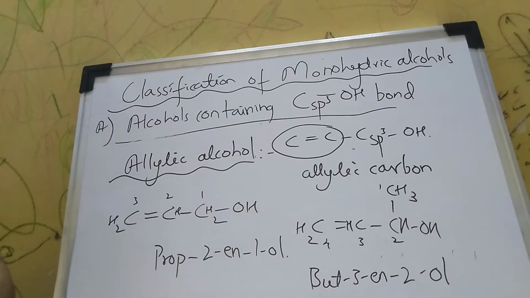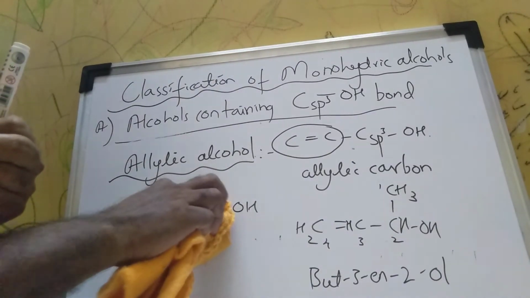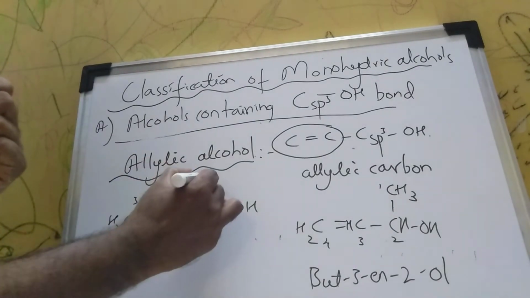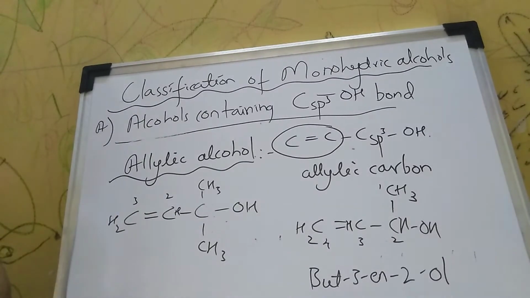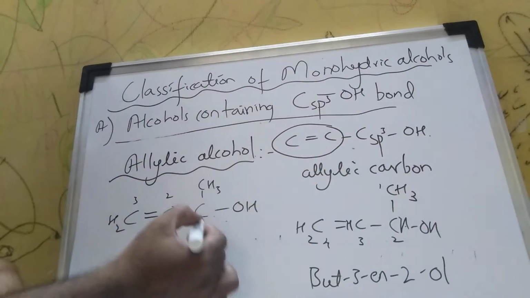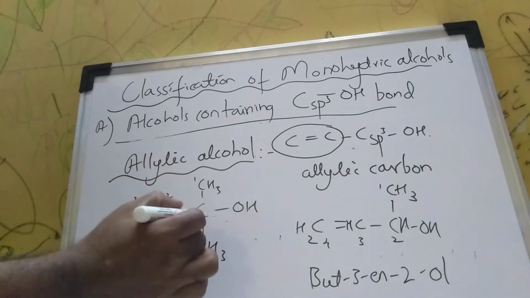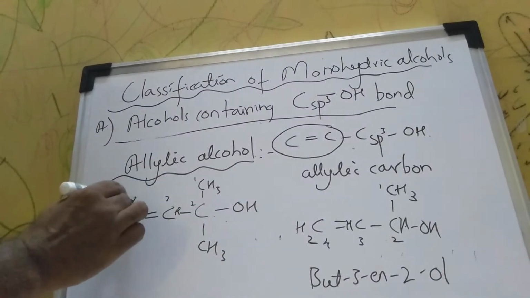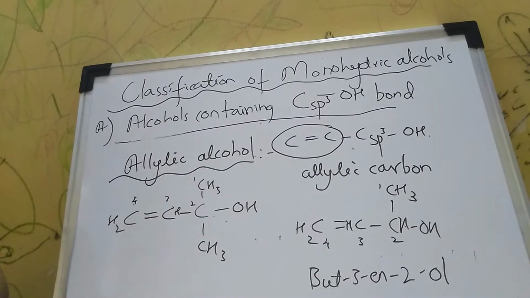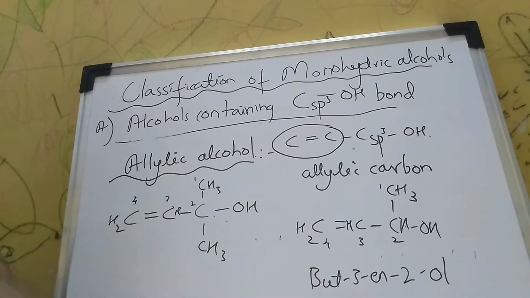To the same structure, you can repeat it in another manner, like these 2 hydrogens, what I've shown over here: 1 CH3, and another CH3 will be the same, no difference. Only this H is replaced by a CH3. The numbering will be in the same form, 1, 2, now this will be 3 and this will be 4. So 4 carbon atoms, double bond is on the third one, but-3-en.